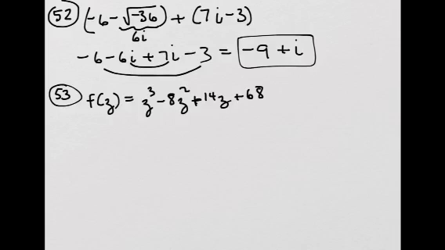So for 68 we have plus minus, factors of 68 are plus minus 1, plus minus 2, plus minus 4, and I think 4 goes into this 17 times, so plus minus 17, plus minus 34, and plus minus 68.